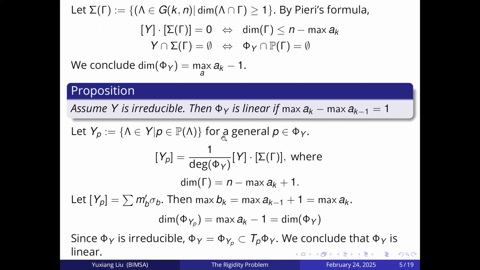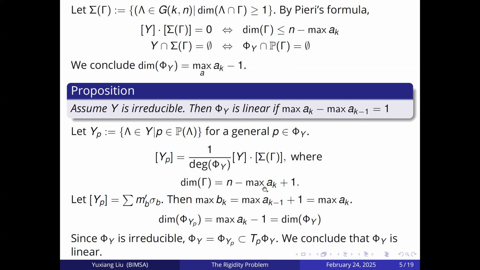To prove it, we take a general point p in phi, and we consider the sublocus of all k-planes in Y that contain this point. To compute this class, we take our gamma again to be a subspace in general position, and here we require the dimension to equal n minus the maximum of a_k plus 1.